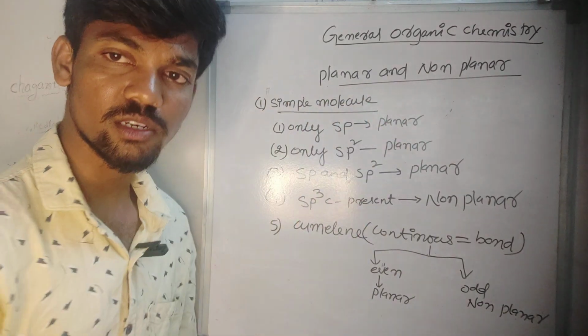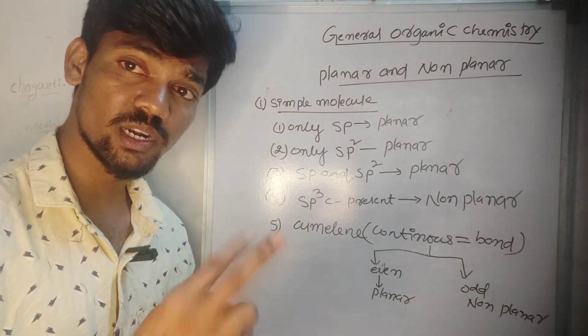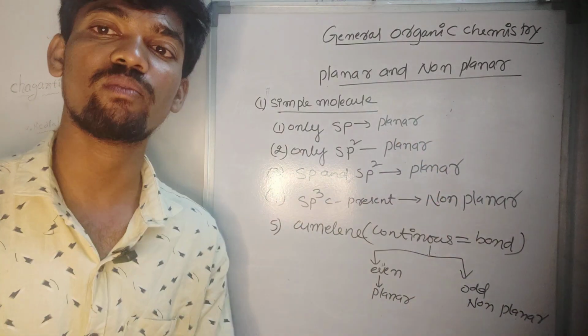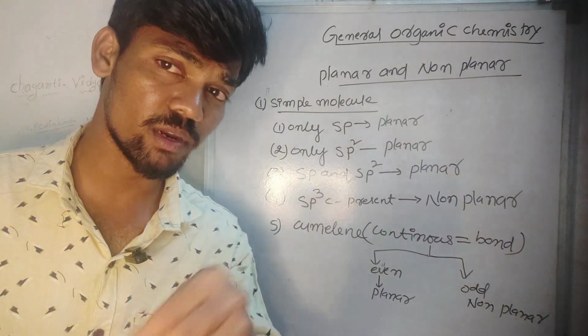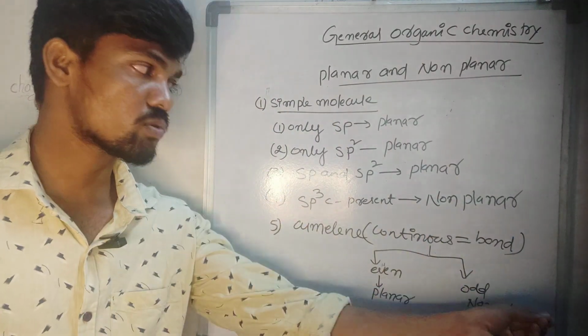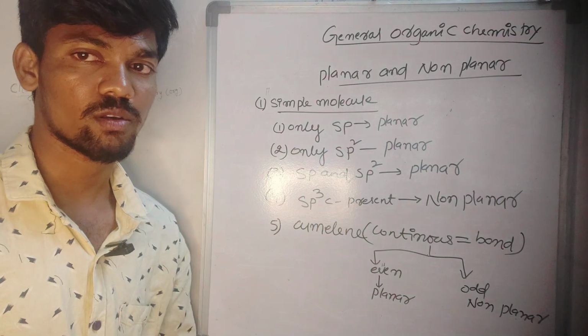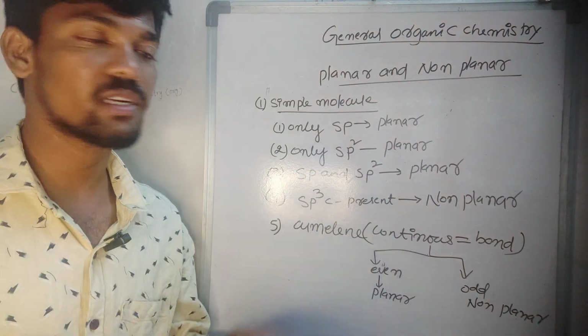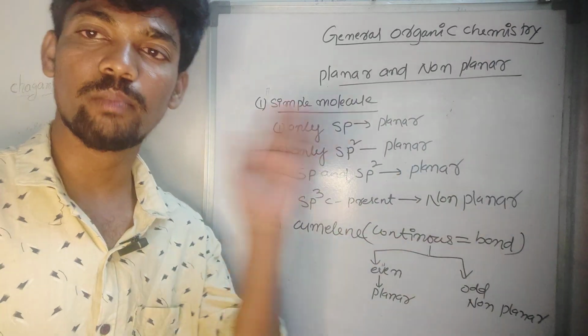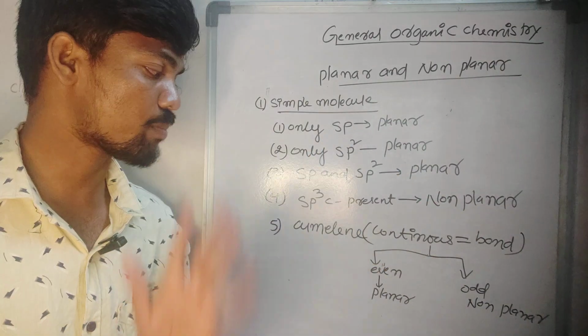If sp2 carbons are there, it is planar. If a mixture of sp and sp2 is there, it is also planar. But only one thing to remember: if carbon is sp3 hybridized, then it will be non-planar. You are getting my point? If carbon is sp3, it is not a planar molecule, it is non-planar.